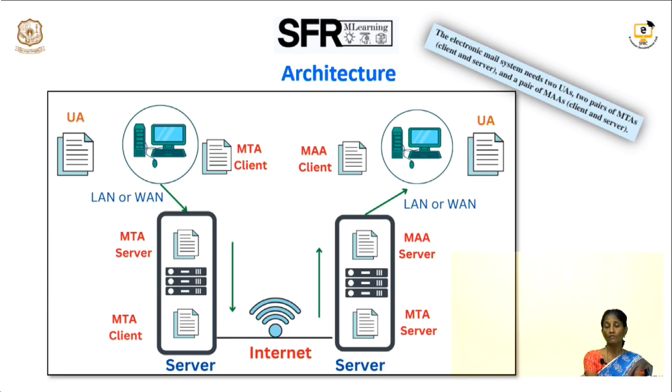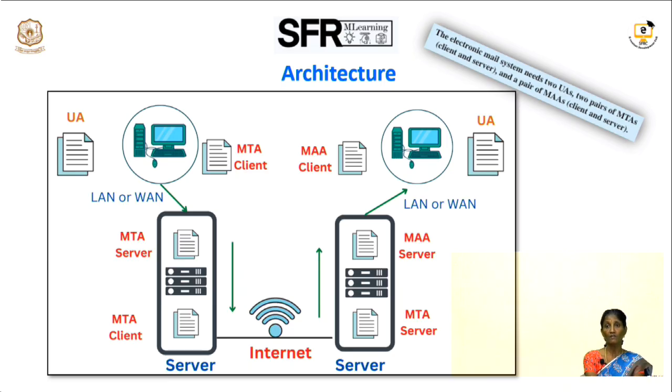Therefore, two user agents are needed. The user agent will send a message through the MTA client. It will be placed into the mail server. In the mail server, we have a pair of MTA server and MTA client, that is, message transfer agents.